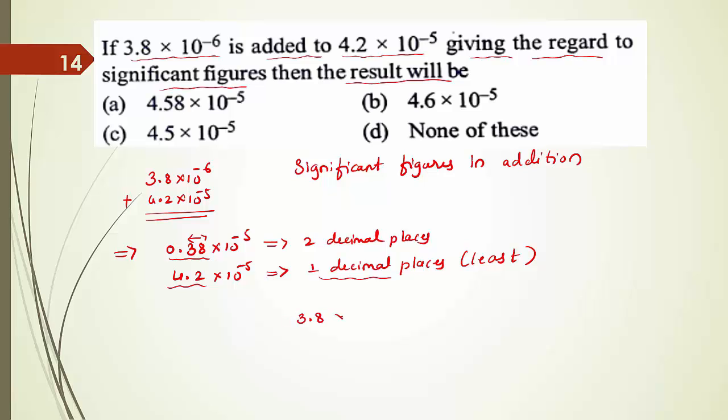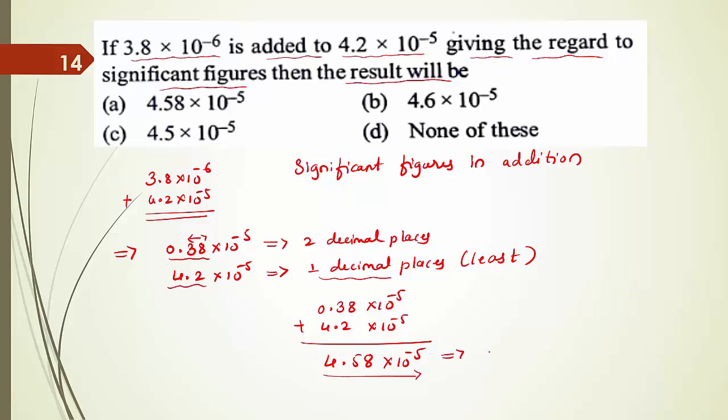First we have to add these two numbers. 3.8 into 10 raised to minus 6, or instead of that we can write it as 0.38 into 10 raised to minus 5 plus 4.2 into 10 raised to minus 5. After adding these two numbers, we will get the answer 4.58 into 10 raised to minus 5, but the final result should have only one decimal place.